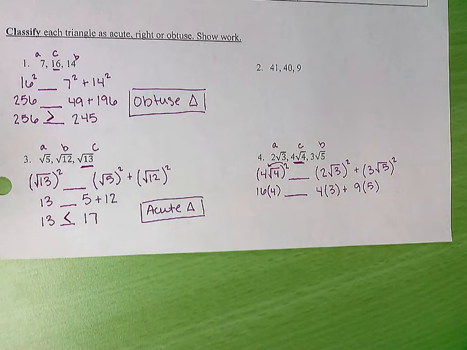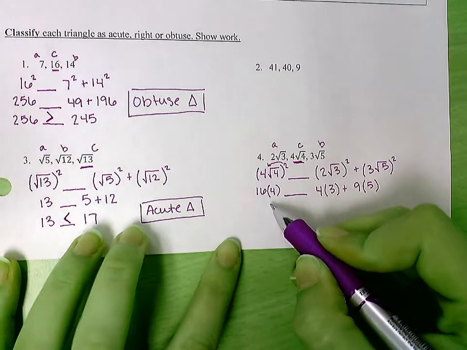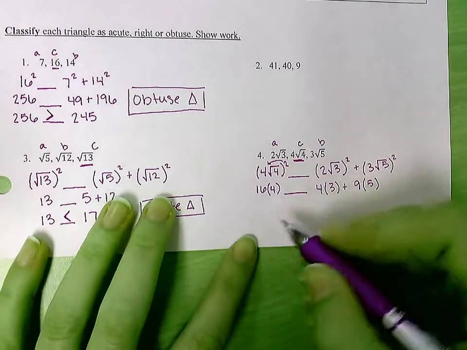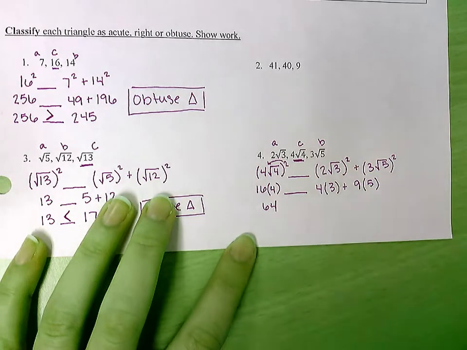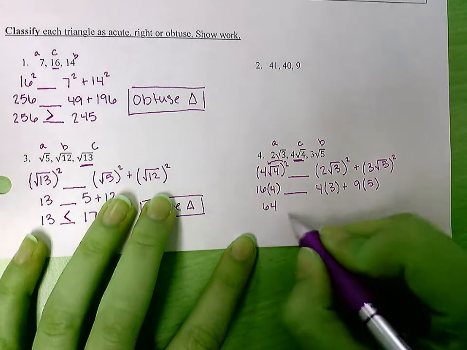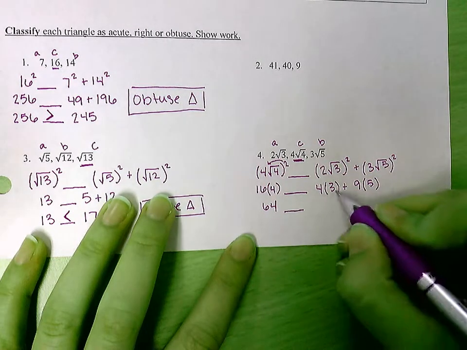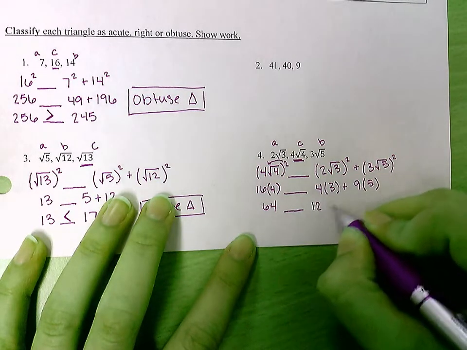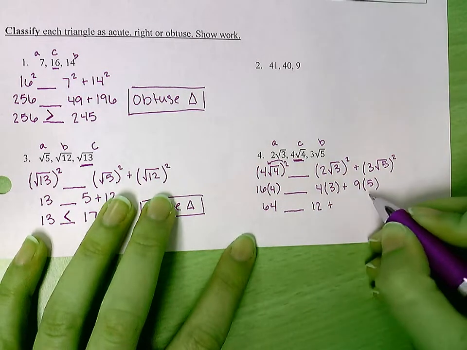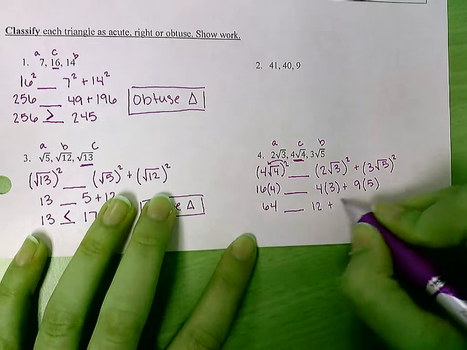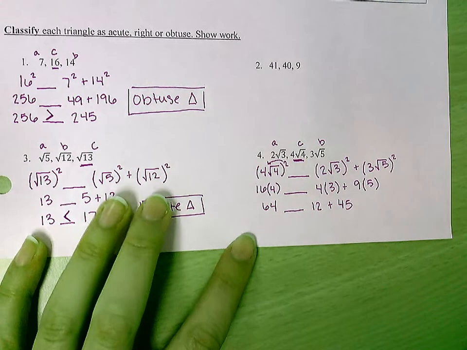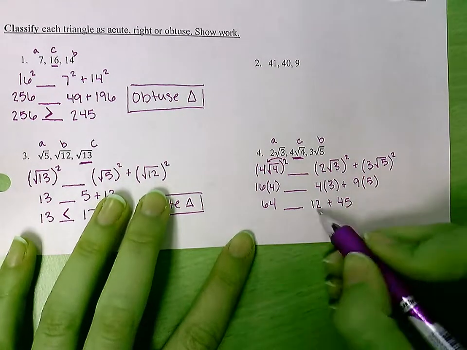Are you with me on that part? Yeah? Okay. So now I can multiply these. We have 16 times 4 is 64. Blank. 4 times 3, 12. Plus 9 times 5 is 45. Add those together.